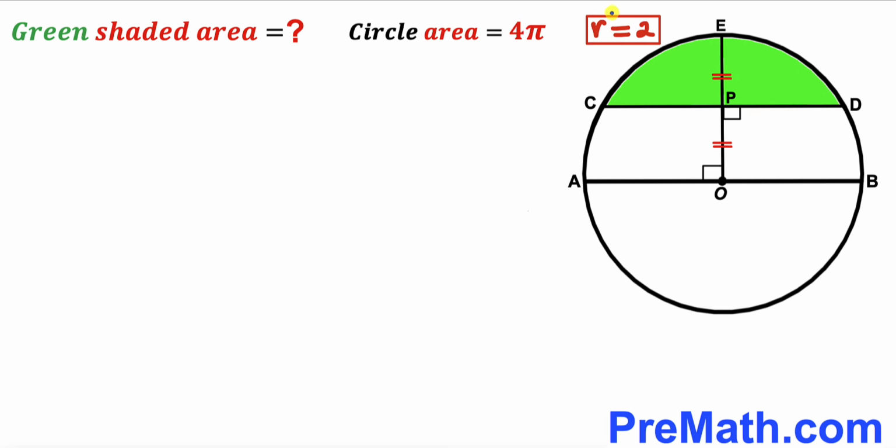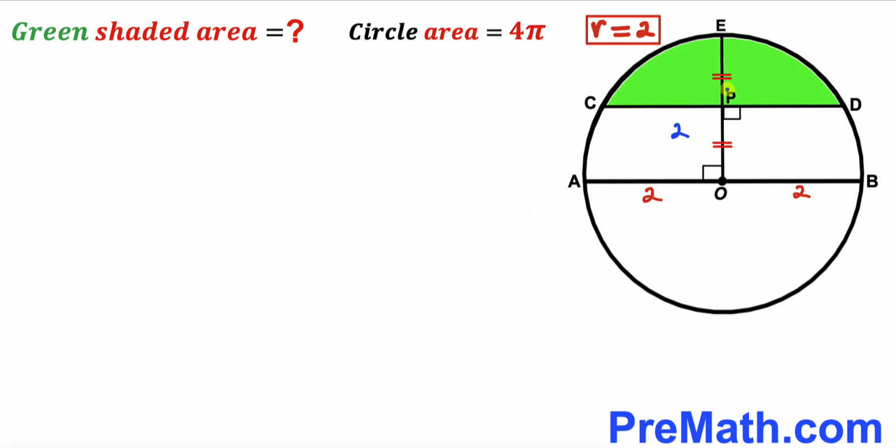So thus our radius lowercase r value turns out to be 2. So therefore this radius OB length is going to be 2. This AO radius length is 2, and likewise this radius EO length is 2 units as well.